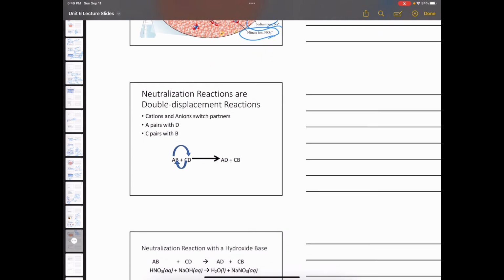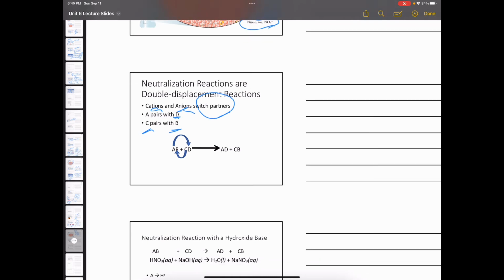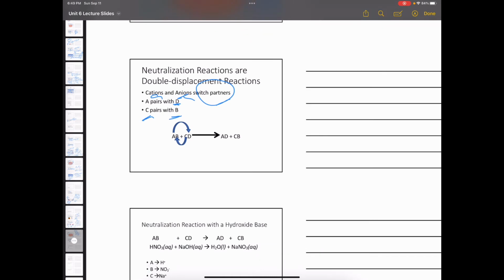A neutralization reaction is also considered a double displacement because you have two partners that are changing partners. If you're looking at the cations and anions, they will both switch partners. A pairs with D, and C will pair with B in this case. And this is very similar to the precipitation reaction. It's only in this case we're talking about acids and bases and we're not talking about salts.